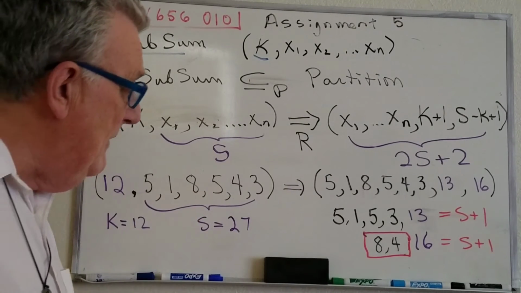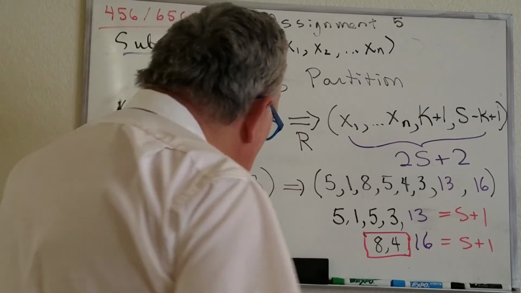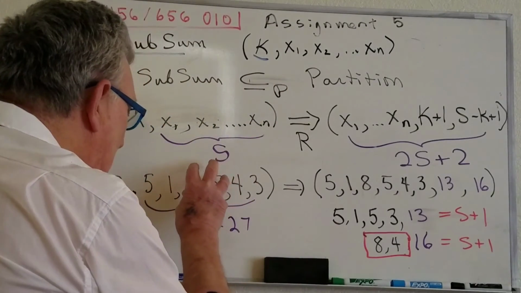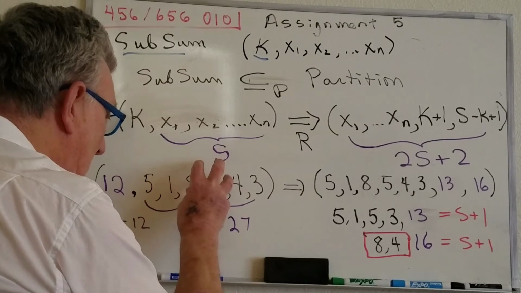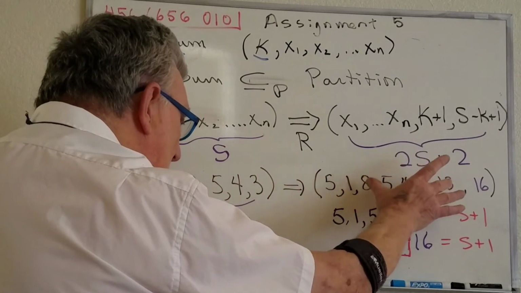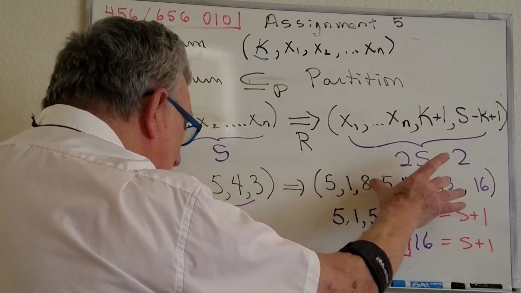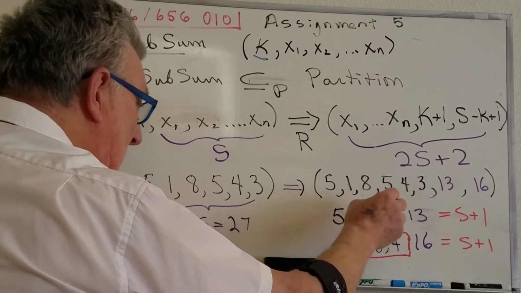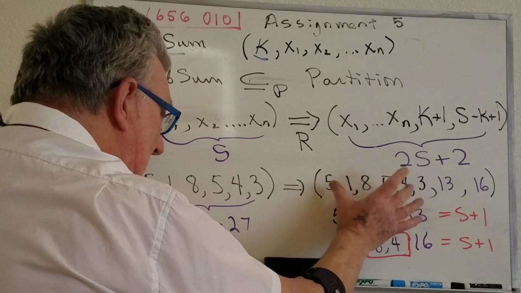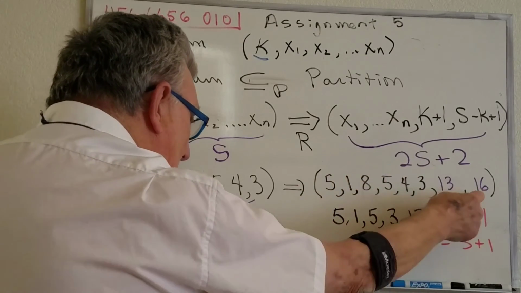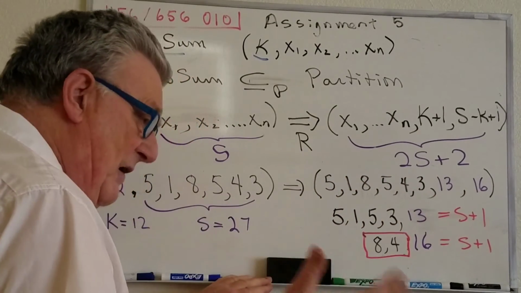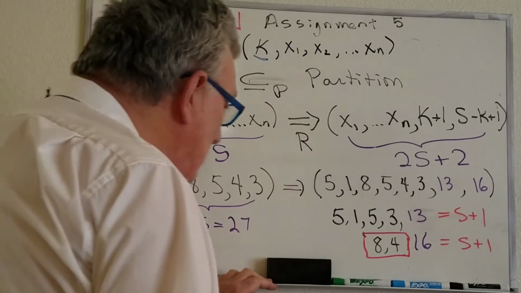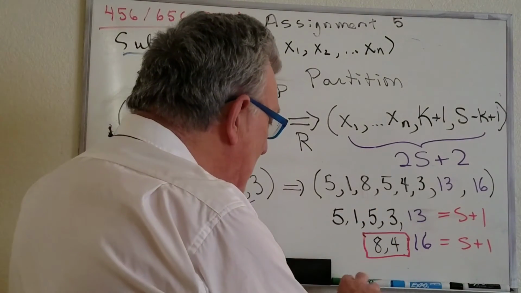Now, we want to show that if there's a subset here that adds up to 12, then there's a subset here that adds up to s plus 1, which is 28. What we would have to do is take a subset of these that adds up to 12 and throw in 16, and we get 28. And this works in general. This is just an instance.